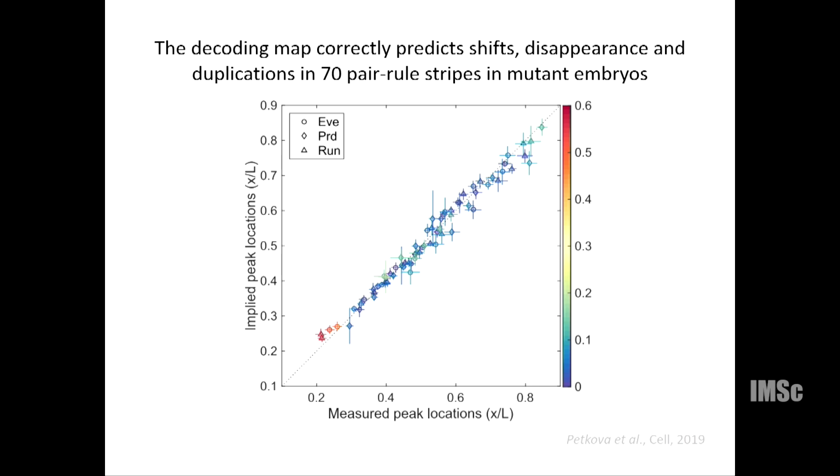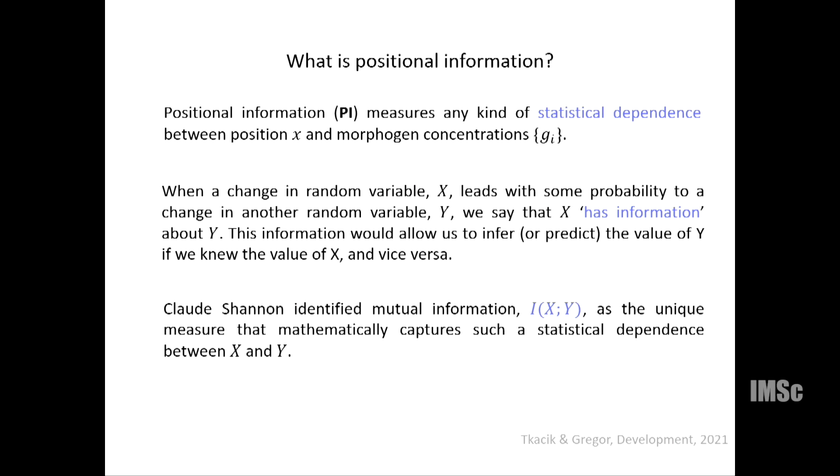But if it was a very far prediction, saying like you expect a stripe, let's say at 0.7, but it reappears at 0.2, then that's why it's red. Okay? Any further questions? Okay, so let me move on.